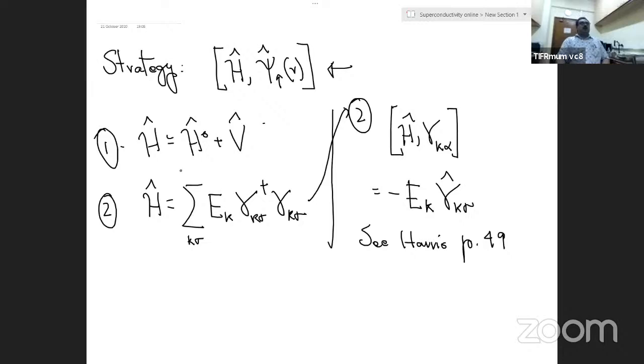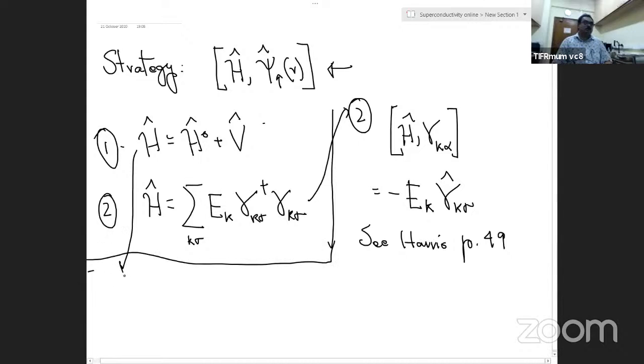Now the difficult part, and this is really the nightmarish part of it, is to use the first form to evaluate this.